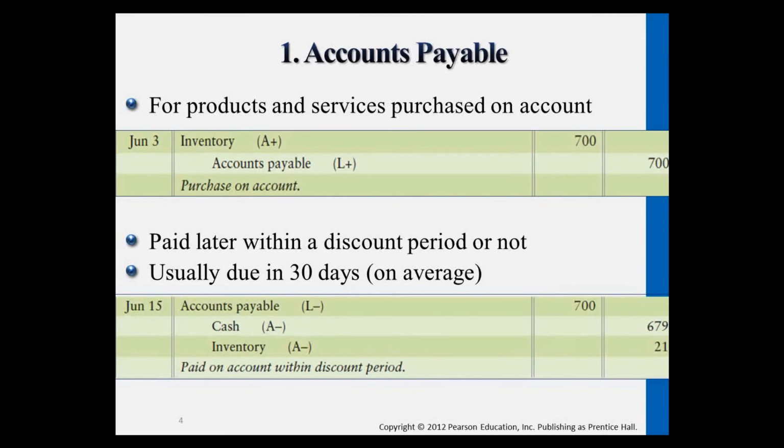And if we pay earlier, within the discount period, we can take off some of the cash payment amount, and this is considered purchase discounts under inventory. This was the first category of current liabilities. It's the most liquid one. It turns into a cash payment within 2 weeks or a month, very quickly, compared to other types of current liabilities.